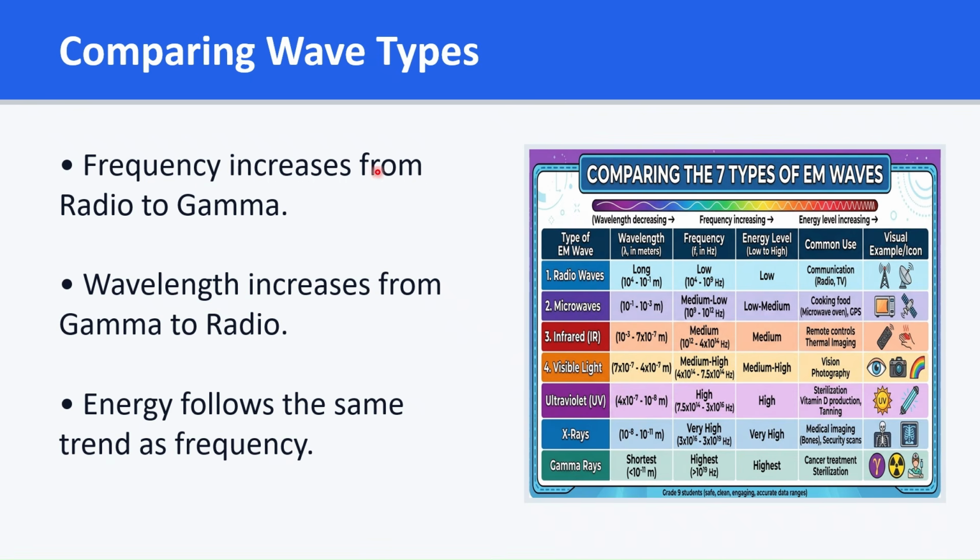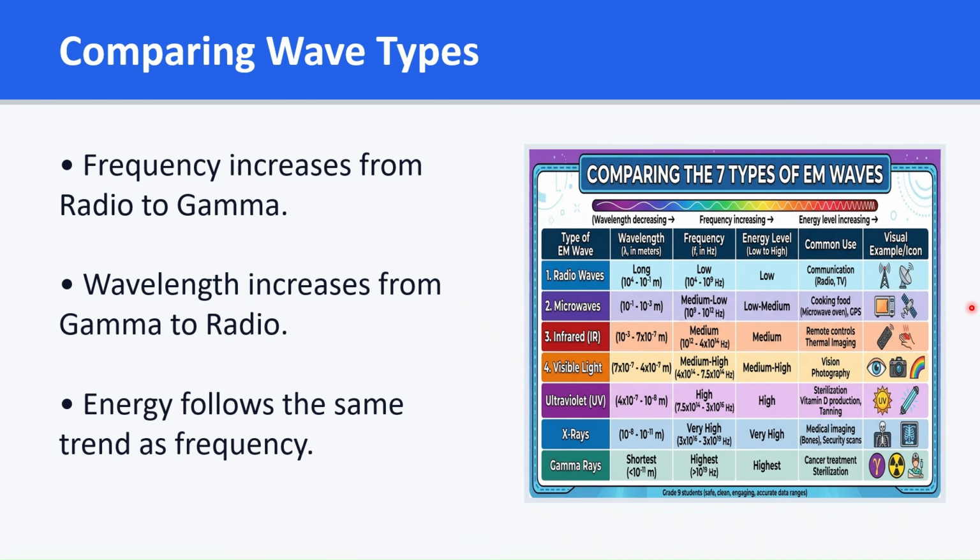Frequency increases, nagataas ang frequency from radio to gamma rays. While ang wavelength increases, kabaliktaran sila, while ang wavelength naman naga-increase from magsugod sa gamma rays to radio. So energy follows the same trend as frequency. So ang energy naman mag-follow siya sa unsa ang frequency.